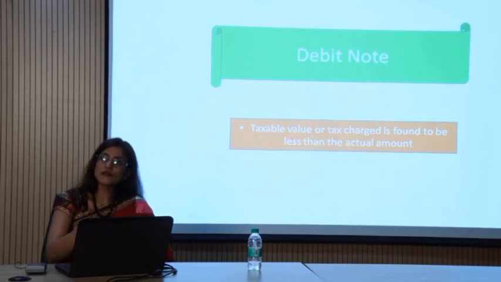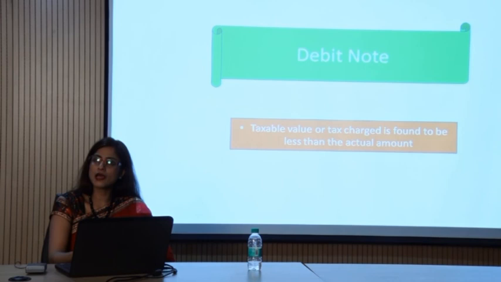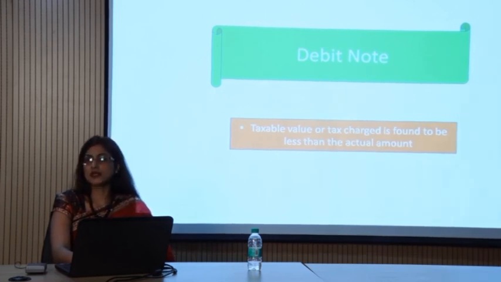So here, if later on as a supplier I came to know that I have collected only 400 rupees as tax, but due to some mistake the amount collected is rupees 400 while the actual amount is 500 rupees, it means there is a short collection of rupees 100. From whom will I take this 100 rupees? Definitely I will collect this amount from the ultimate consumer.